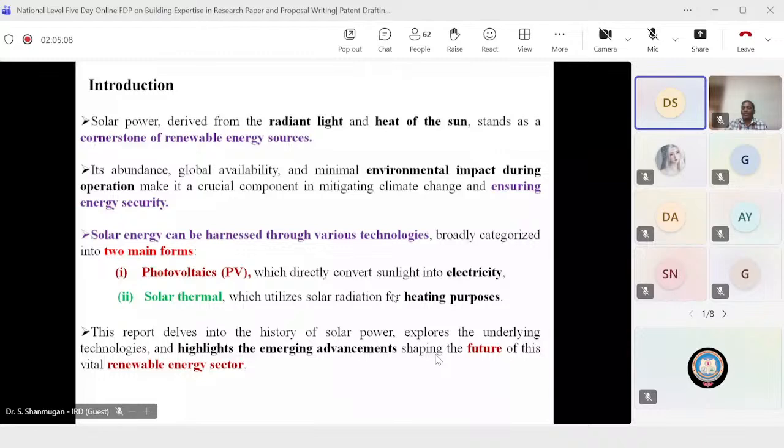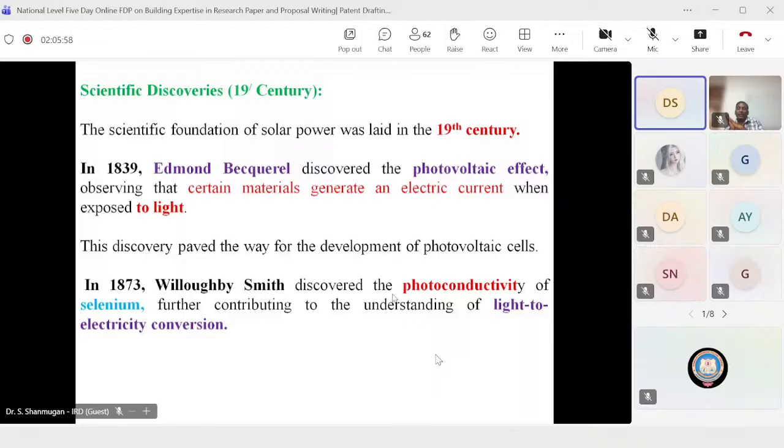Then come to the scientific discovery in the 19th century. You know that in the 19th century they developed solar power. In 1839, Becquerel discovered the photoelectric effect. Already you know, the total amount of electrons interacting depends on the material.